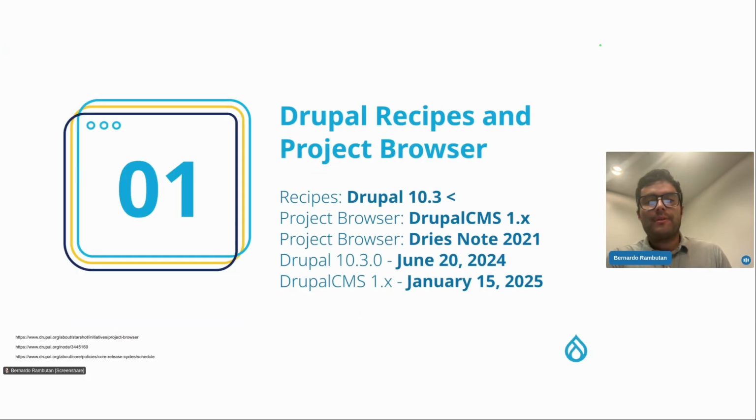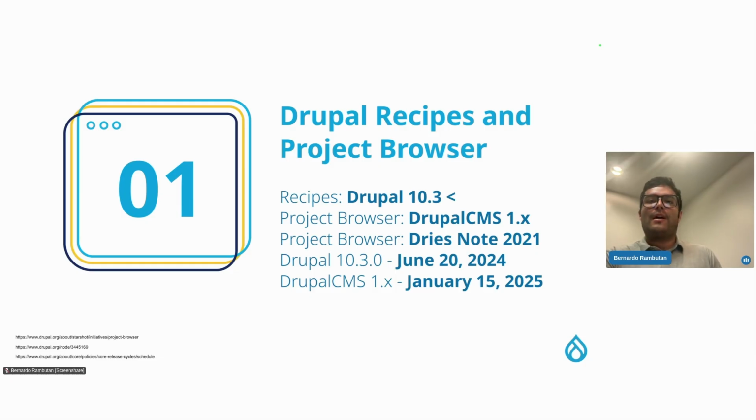So Drupal recipes and project browser, I added a little bit of information because all of this stuff was added. I mean, COVID had a lot of bad things, but I feel like everybody being remote and being at home kind of moved the Drupal project faster, at least at the beginning. If we go back to 2019, there were so many things we didn't have.